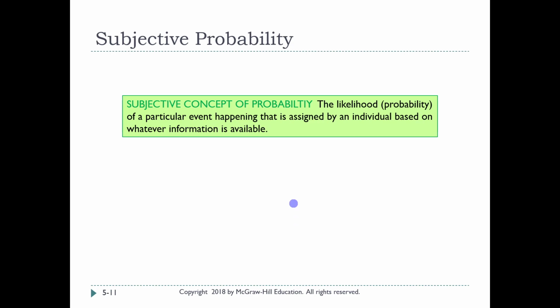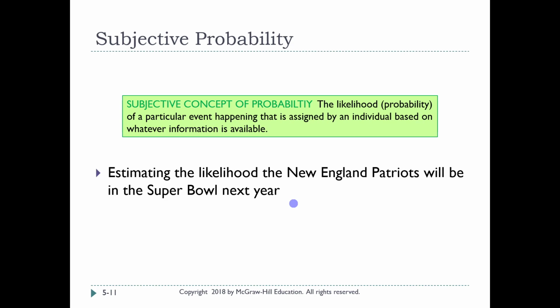Here we're going to draw upon different information to try to narrow down that probability. A classic example is the chance that the Patriots win the Super Bowl next year. Now, we do have past data. They've won 5 out of the last 20 Super Bowls or something like that.